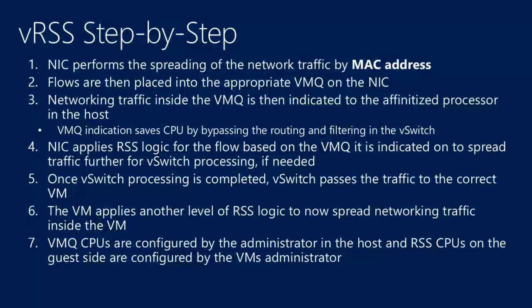So just step by step, it's kind of complicated. As a packet comes in, it's going to go through your MAC filter. Your MAC filter will put it into a hardware queue, which then gets indicated to the processor. That processor is then going to calculate the Toeplitz hash, and check the indirection table and see if that traffic should be spread. And the way that's triggered is we take a look at the CPU utilization.